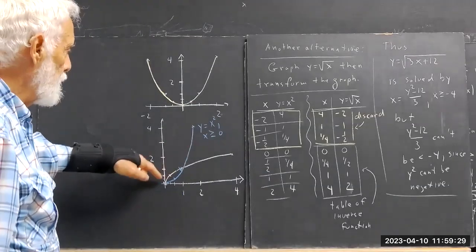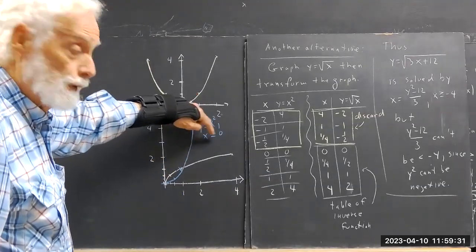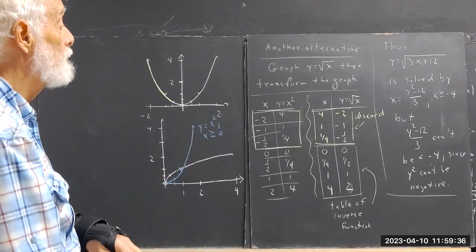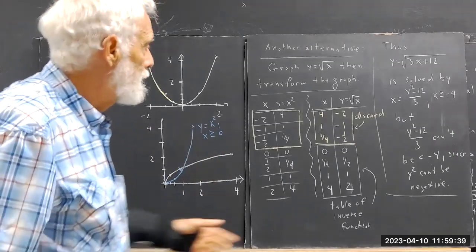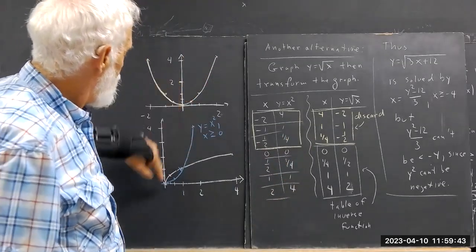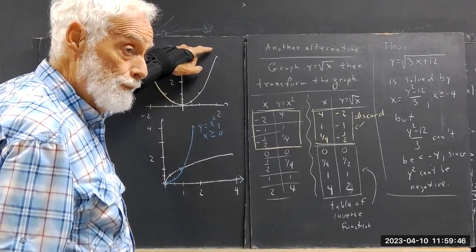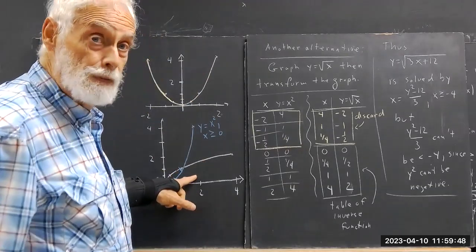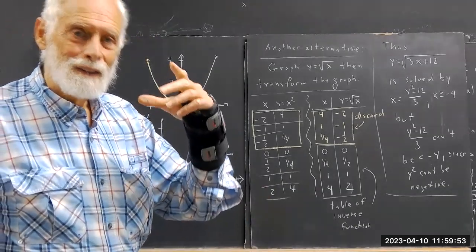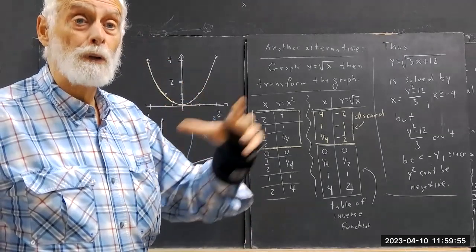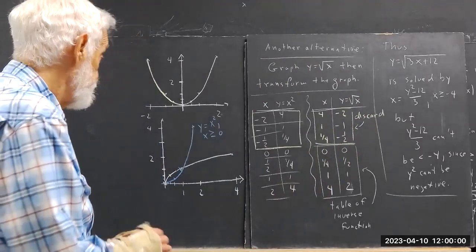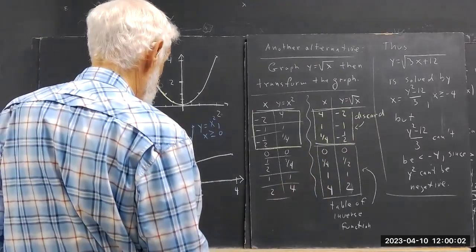I'll label this graph y equals x squared, x greater than or equal to 0. Why is x greater than or equal to 0? Well, again, we can only use x values greater than or equal to 0 from this graph because the y values of this graph can't be less than 0, because the square root has been defined to be a number greater than or equal to 0 whose square equals the number.